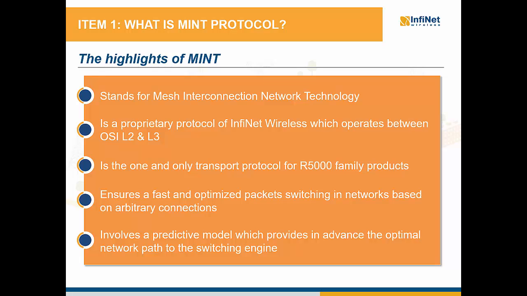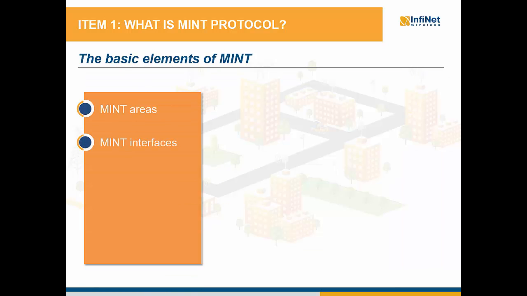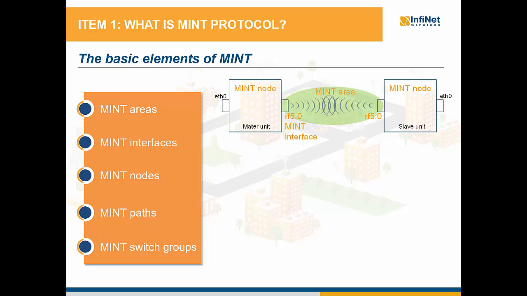The basic elements of MINT: MINT areas, MINT interfaces, MINT nodes, MINT paths and MINT switch groups. So first of all, the default MINT area is defined as the border area between the RF interfaces. Actually, this area can be extended using the Ethernet ports.